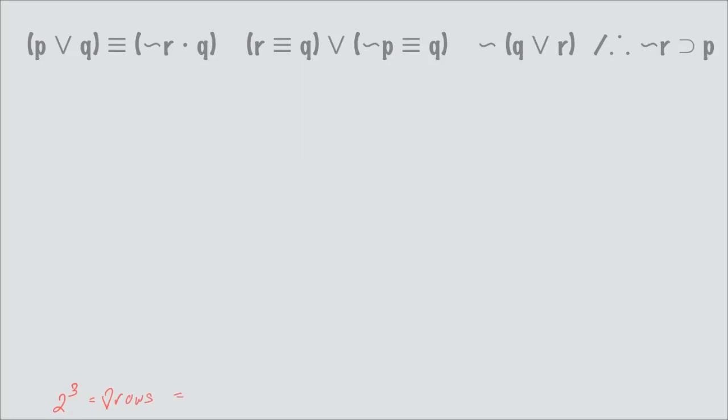I'm going to go in alphabetical order, P, Q, R. The first column, for P, is going to be 4 trues and 4 falses. The next column, Q, will be 2 trues and 2 falses, alternating until I get to the full 8. And then 1 true and 1 false for R, until I get 8.